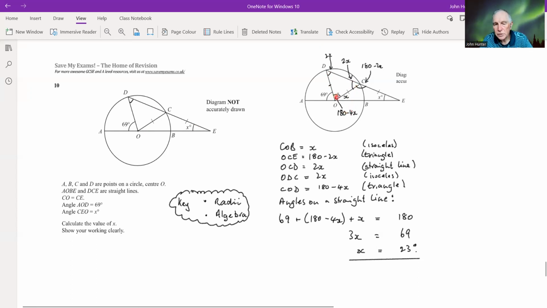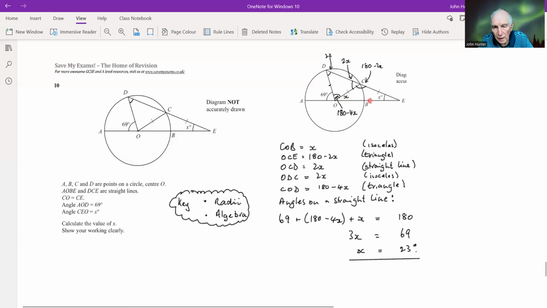Then this one here, the angle subtended by this chord at the center, is 180, being the total angles in a triangle, minus these two other angles, which come to 4X, so 180 minus 4X.